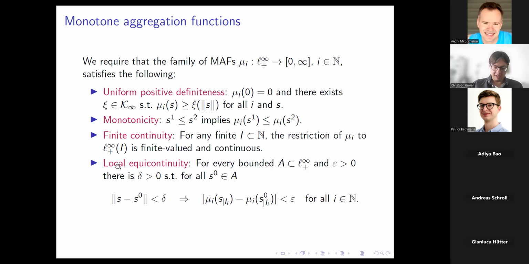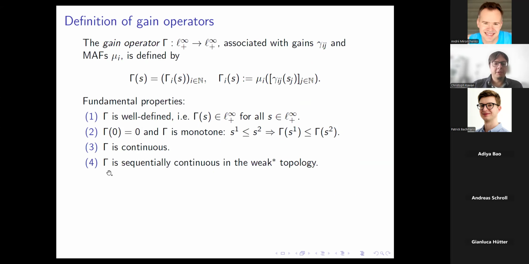This basically directly follows, I think it's even equivalent to this local equicontinuity property. And the fourth property, which is even more important because I'm using it more often, it's that gamma is also sequentially continuous in the weak star topology of the Banach space L infinity.